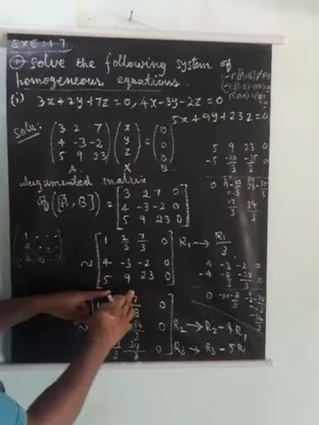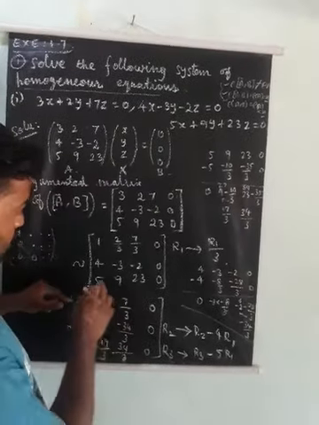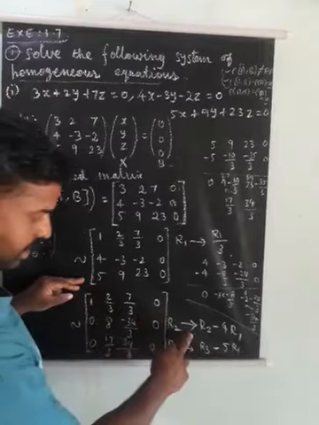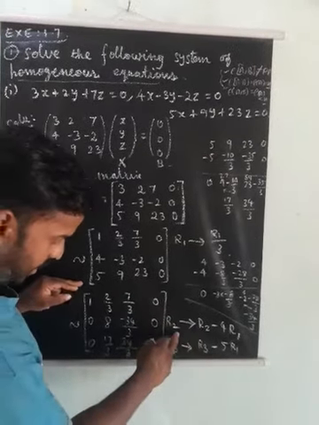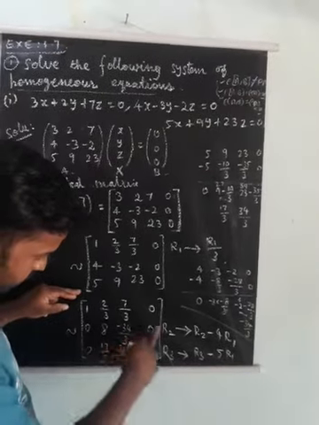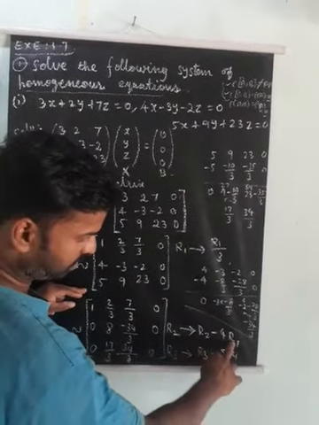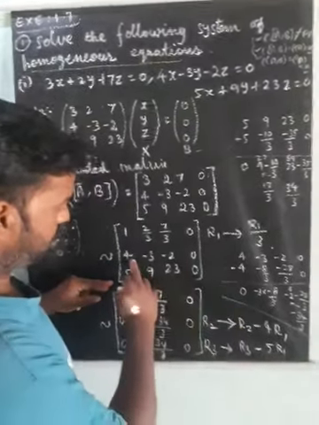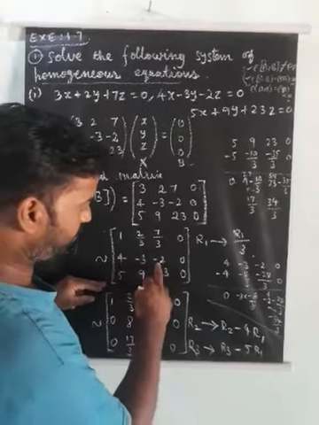In the next matrix, we want these places to become 0. R2 refers to this matrix and R1 to the previous matrix. So R2 becomes R2 minus 4R1. R2 is 4, -3, -2, 0.